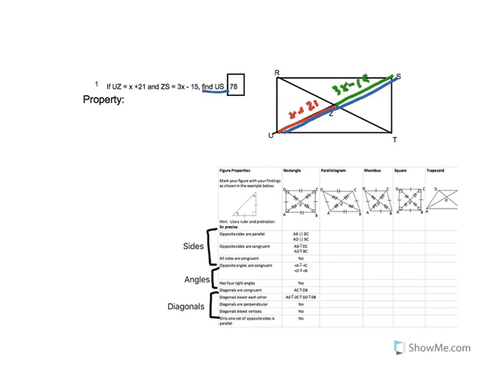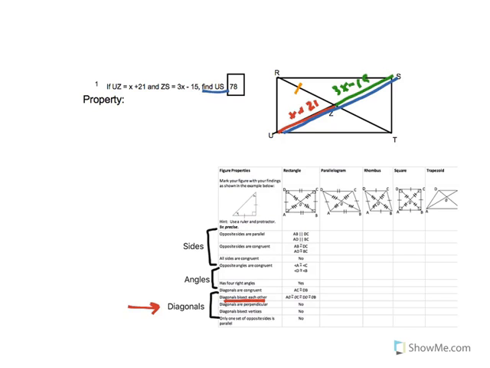Okay, so what are we talking about? Are we talking about sides, angles, or diagonals? We're talking about diagonals, right? So our figure shows two parts of a diagonal, the red line here and the green line here. The rectangle properties say that diagonals bisect each other. So it makes 4 equal pieces.